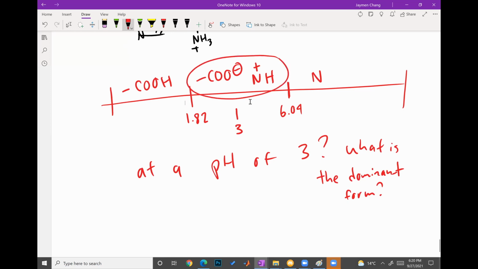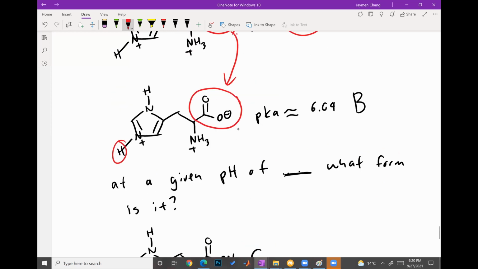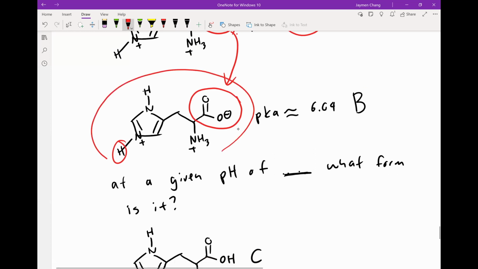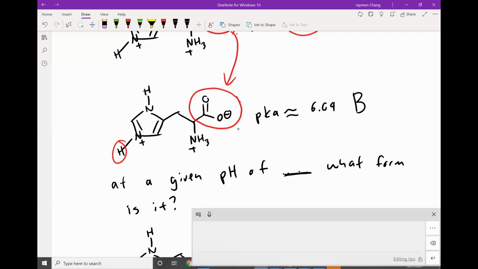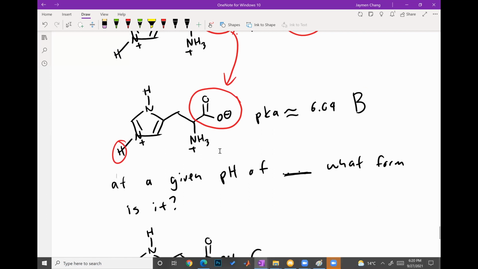So in fact, this will end up being the dominant form. Does that make sense? Is that clear to everyone in the chat? Okay, good. So this is how we solve the dominant forms question.